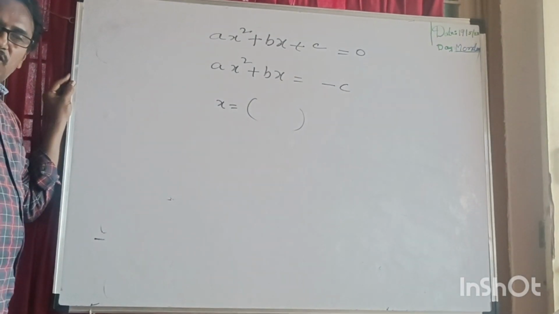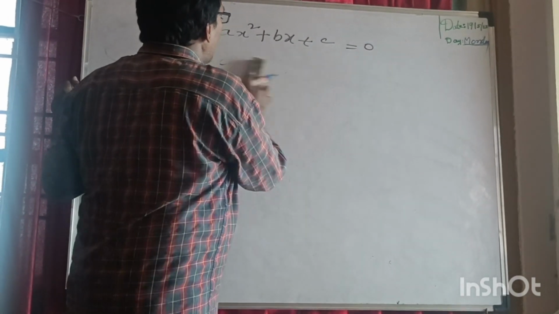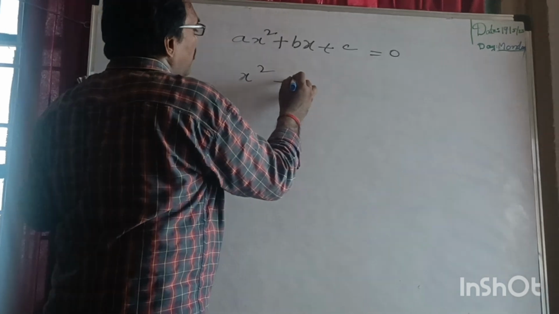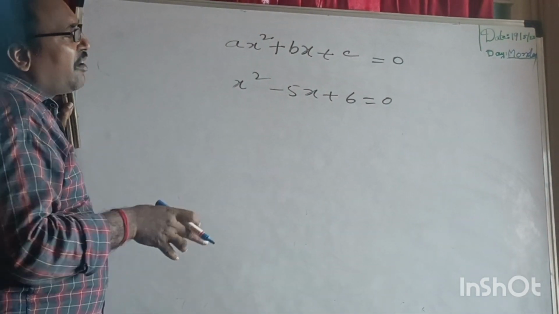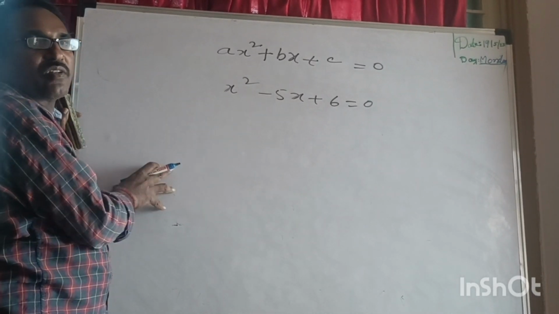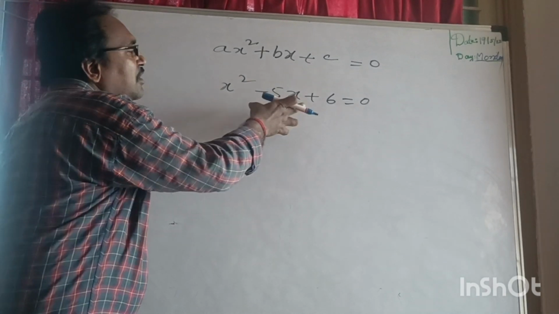Before that, let's take a normal example, x square minus 5x plus 6 is equal to 0. For this equation, we have different methods to find the solution. Everyone knows the splitting of the middle term.